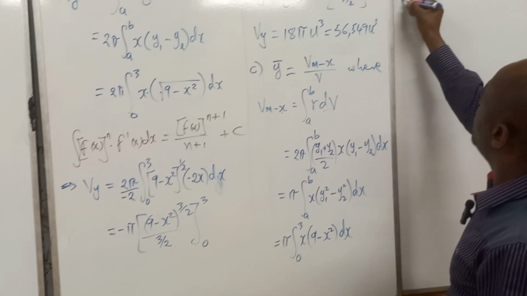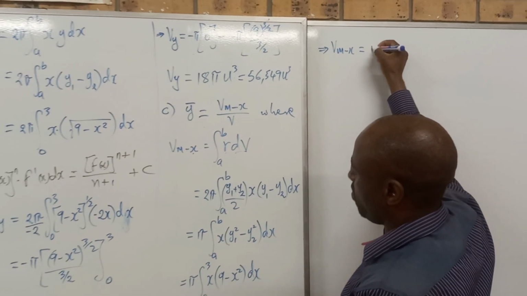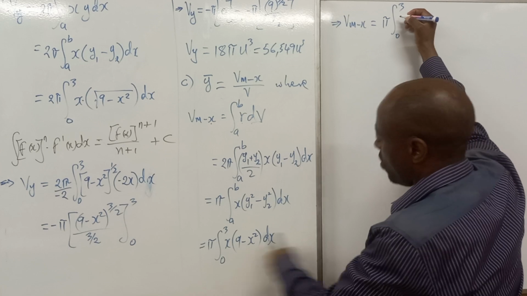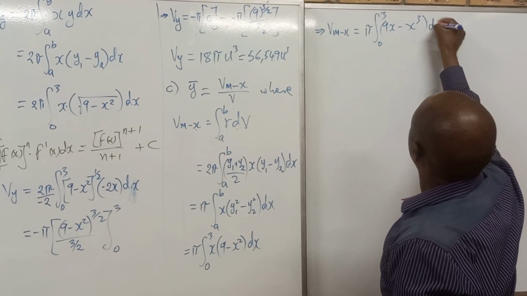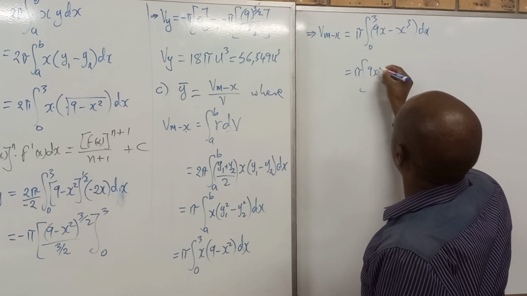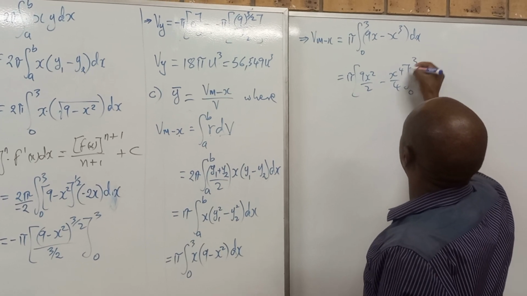Then if we continue here, our volume moment about x is pi outside, the integral from 0 to 3. If you open that bracket, you get 9x minus x cubed dx, which if you integrate, you will get 9x squared over 2 minus x to the power 4 over 4, from 0 to 3.